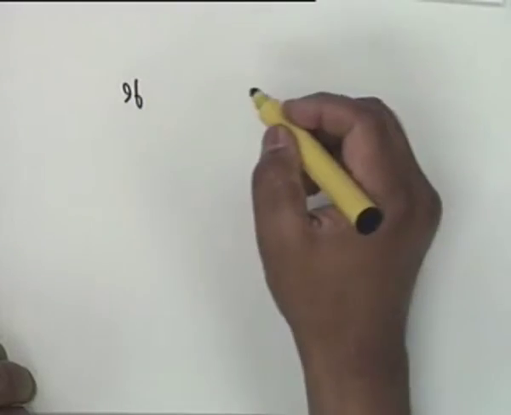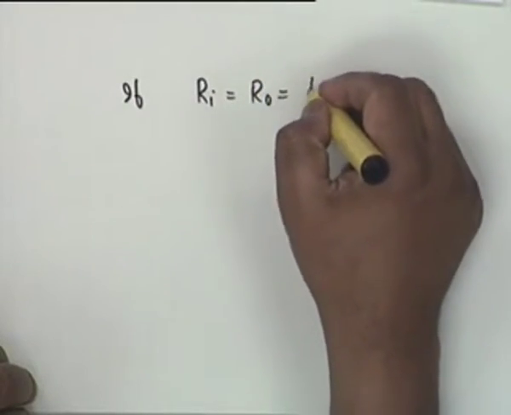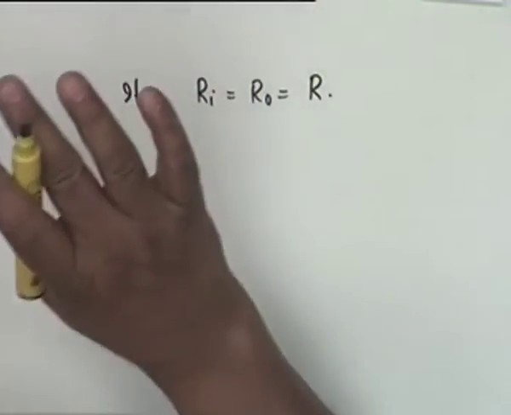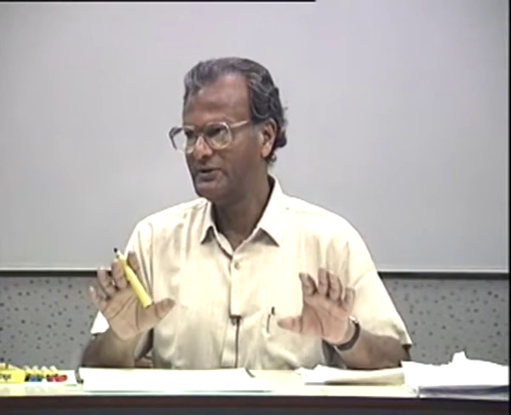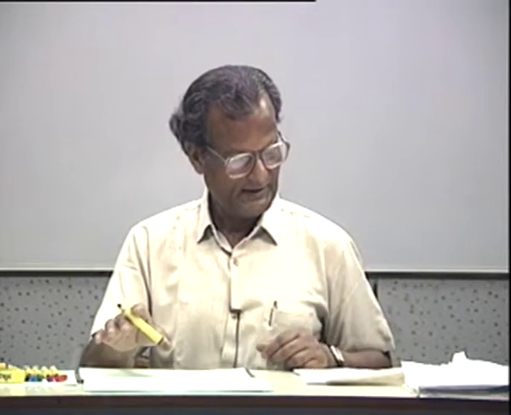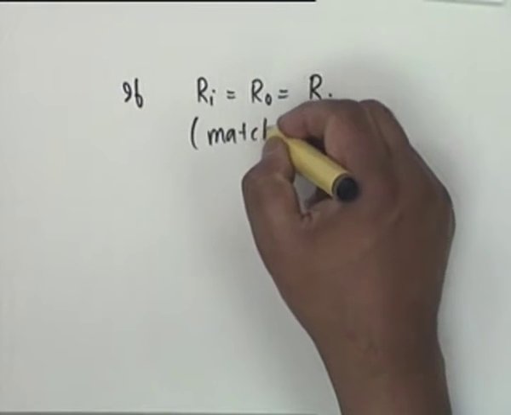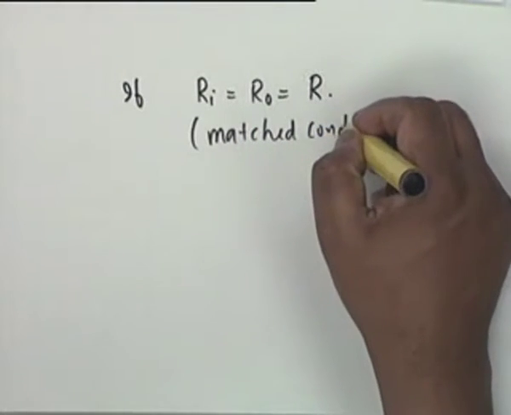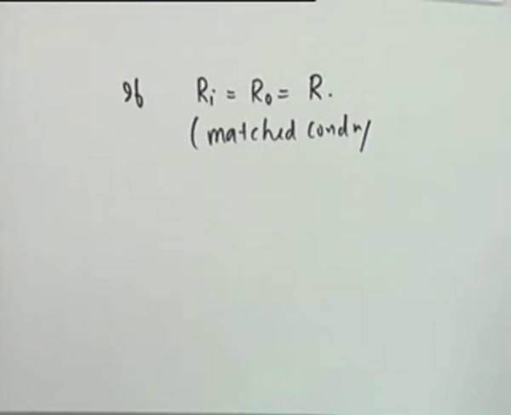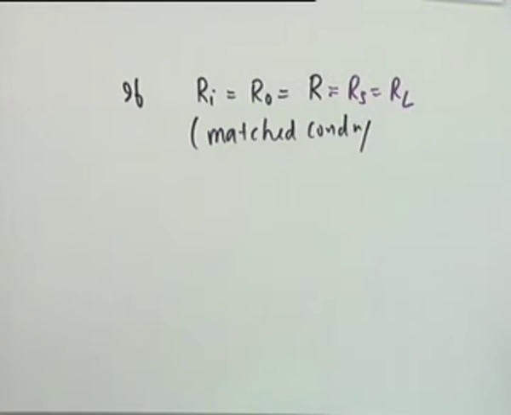If in addition you require that Ri equals R0 equals R, then obviously no power is lost anywhere. You could not deliver more power than this. This is the ideal condition, the matched condition, where you include Rs equal to RL.